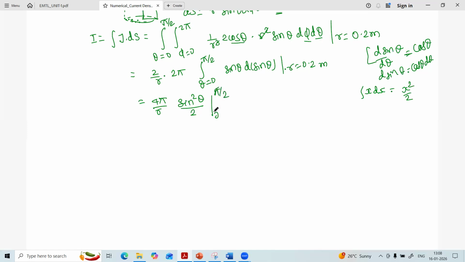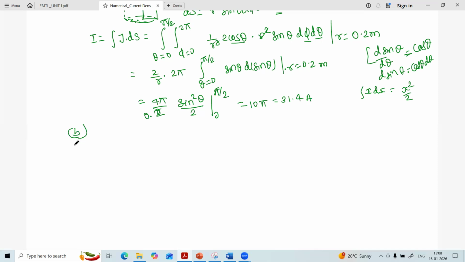The r value is constant, so we can substitute it, which is 0.2. After simplification, it is equal to 10 pi, and the value of pi is 3.14. Multiplying by 10, this is 31.4 ampere. This is the situation in the case of the hemisphere.